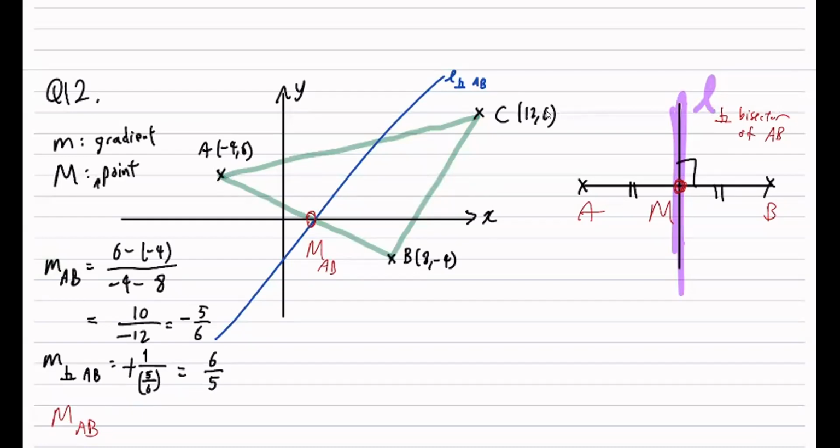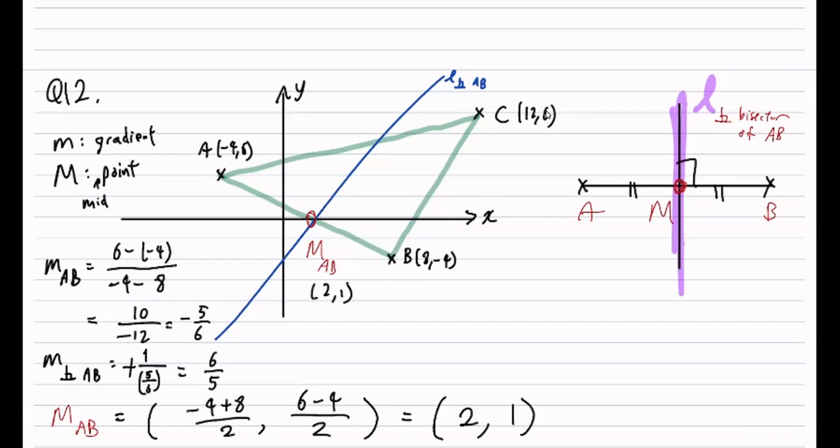So what would it be? It will just be the average of the x: -8 plus 8 divided by 2. Average of the y: 6 plus -4 divided by 2. Simplify, you get (2, 1). So my diagram is not drawn to scale. It should be slightly above. A bit misleading, my diagram.